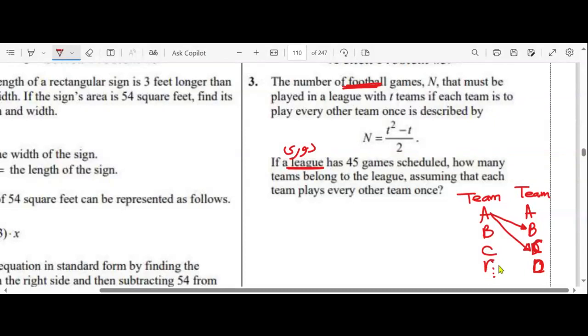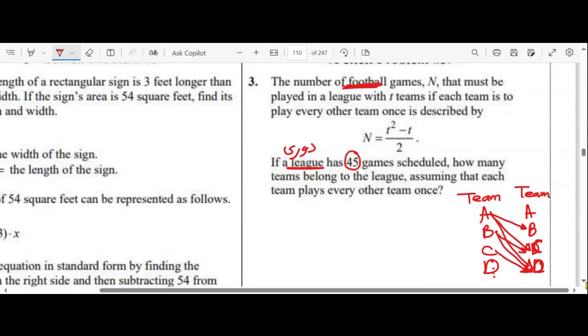Okay, let's put B. So A plays with B, plays with C, plays with D. And B plays with what? He already played with A, because A and B play together, right? So he plays with C, and he plays with what? D. What about C? With D. C with D. Is this clear? Yes.